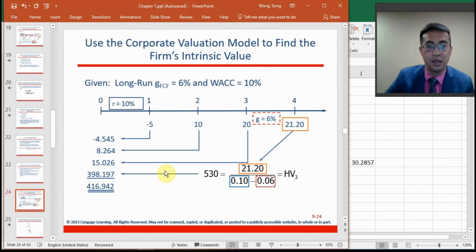And the discount rate is not actually the required rate of return by the investors, which was used to adjust the risk level. It is weighted average cost of capital. The weighted average cost of capital will be covered in Chapter 9, so I will not spend too much time here. Just for your information, just to give you a very simple example.